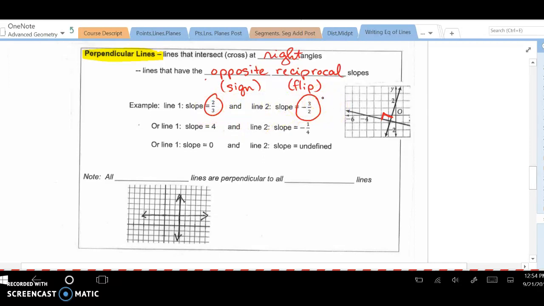A lot of times, instead of people saying that they're opposite reciprocals, we'll say that they have slopes that multiply to -1.